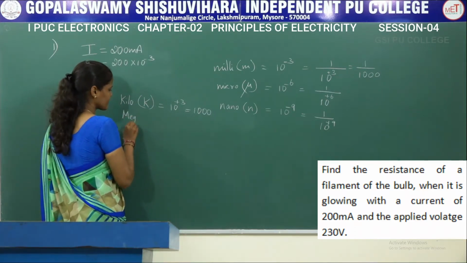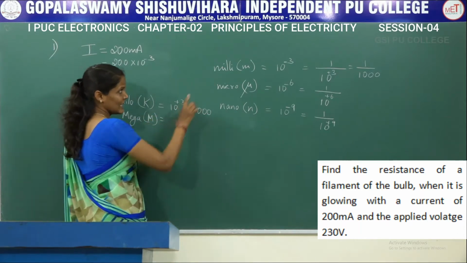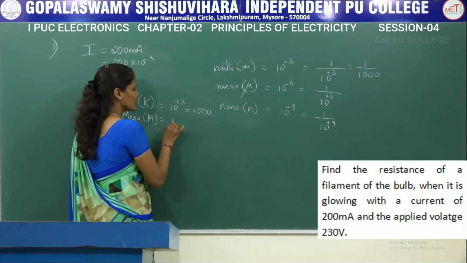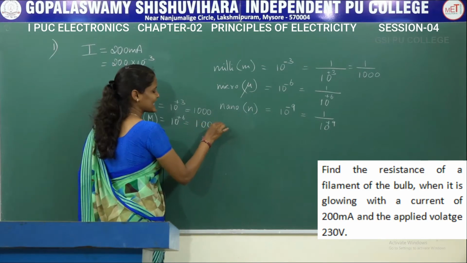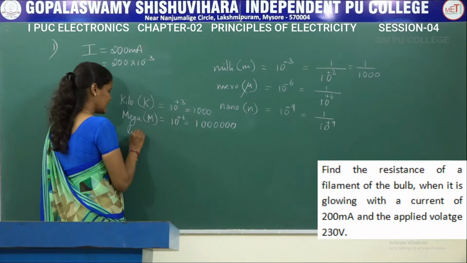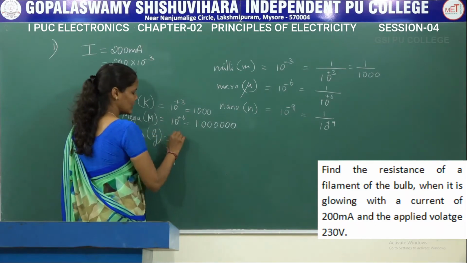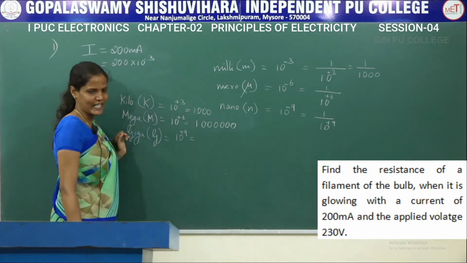Mega, which will be denoted by capital letter M. Small letter m is milli, capital letter M is mega, whose value equals 10 to the power of plus 6, that is 1 followed by 6 zeros. And giga, which will be denoted by capital letter G whose value equals 10 to the power of plus 9, that is 1 followed by 9 zeros.